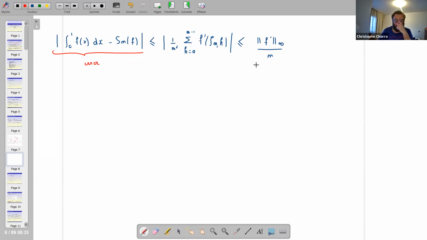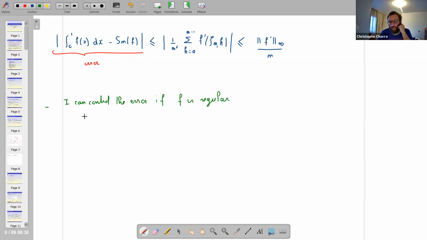So I have a way to approximate this. What can I say about this approximation? The first thing I can say is that I can control my error if f is regular.